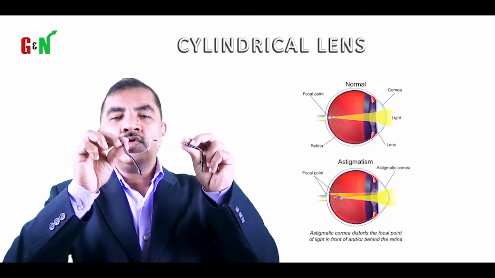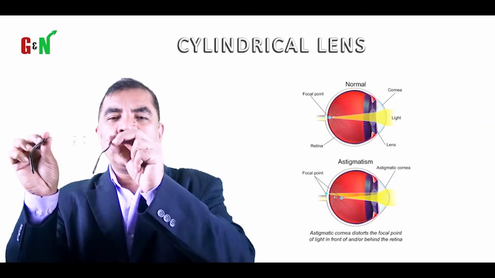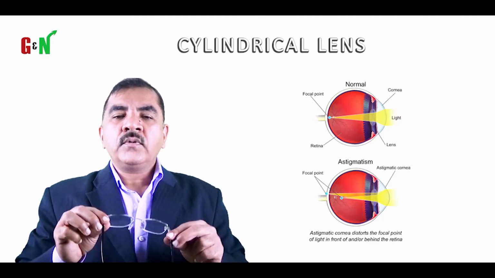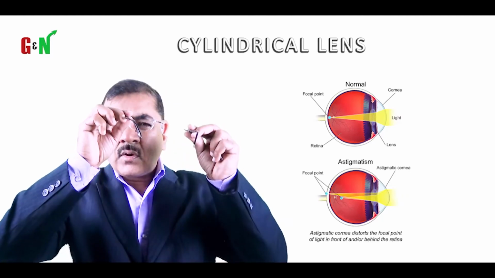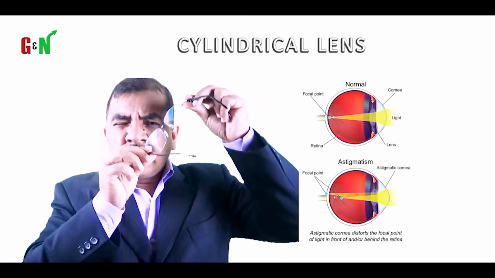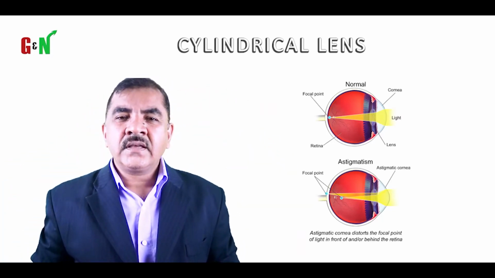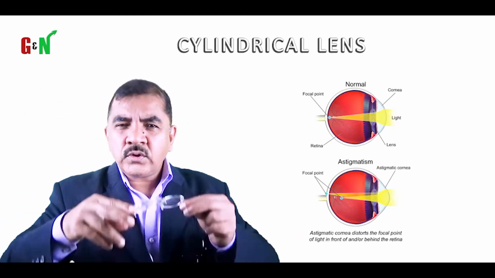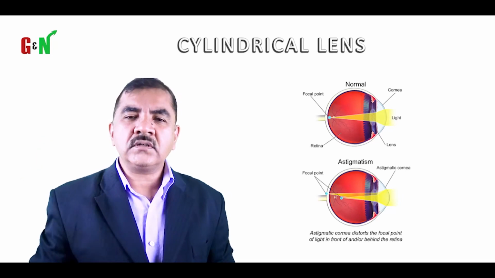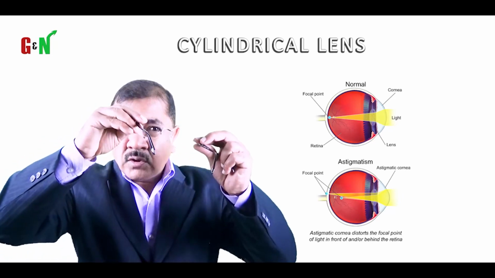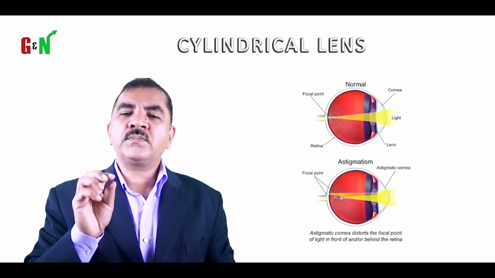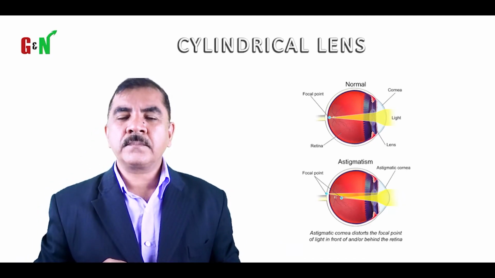Normally you move the lens, you have with movement, you have against movement, right? If you want to identify a cylinder, what you need to do is turn the lens. If there is no movement when you are rotating the lens, then there is no cylinder. If the object is moving along with you, then definitely this patient has cylindrical power.